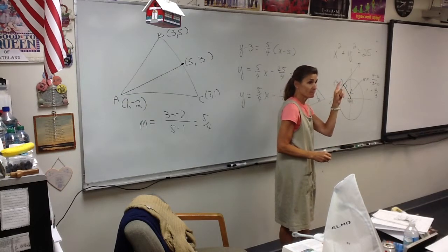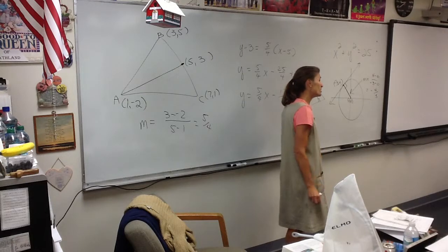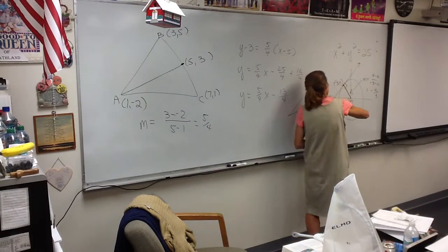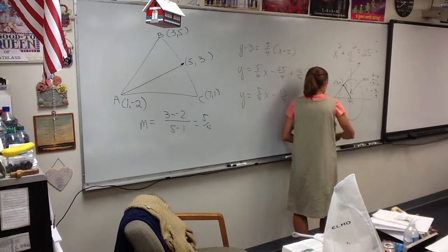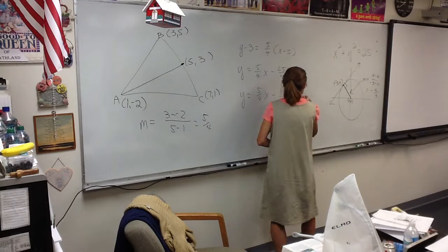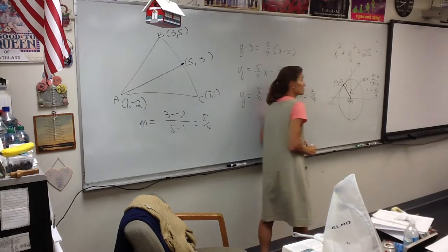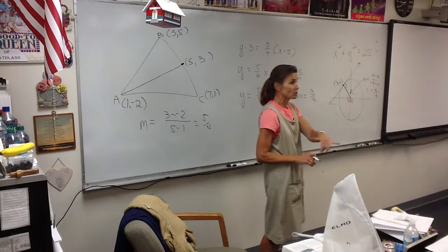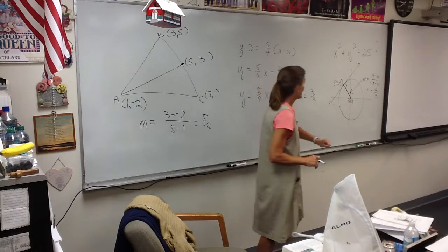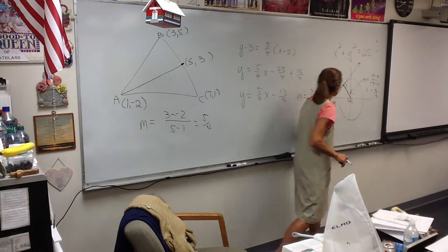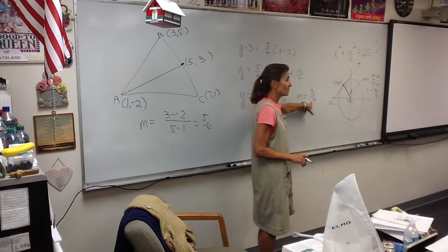You with me? Okay. Now, what do I do? Because that is not the line I want. I'm not interested in this line. I want this line. So I will use the slope 3/4 because perpendicular lines have opposite reciprocal slopes. You remember that? So if the slope of the radius was -4/3, the slope of the tangent line is going to be 3/4.